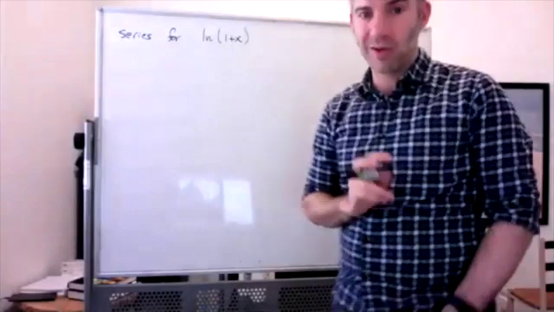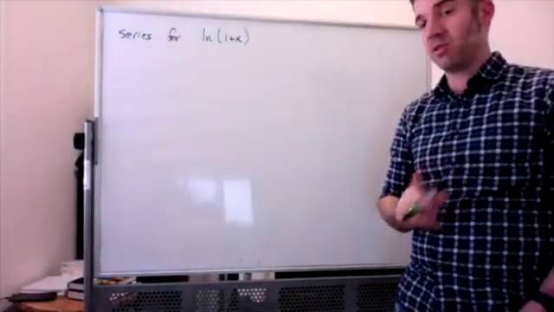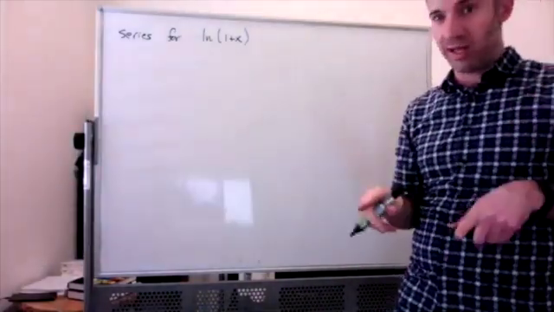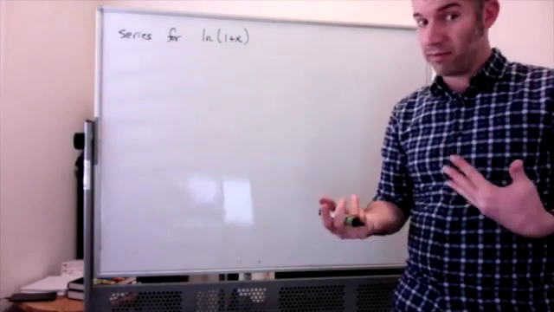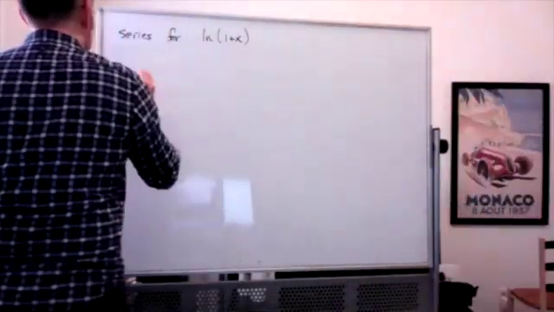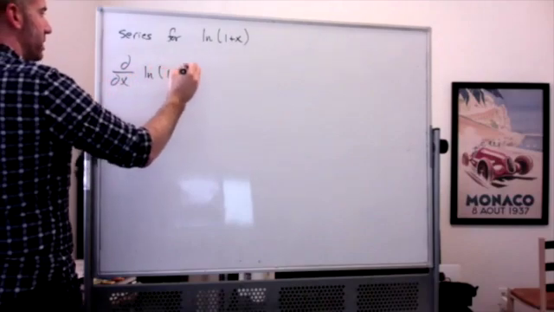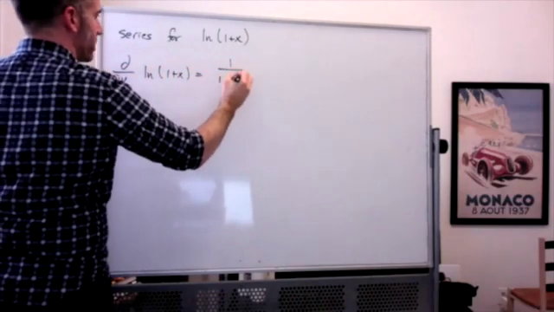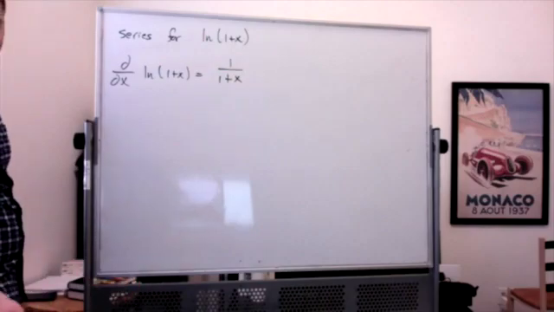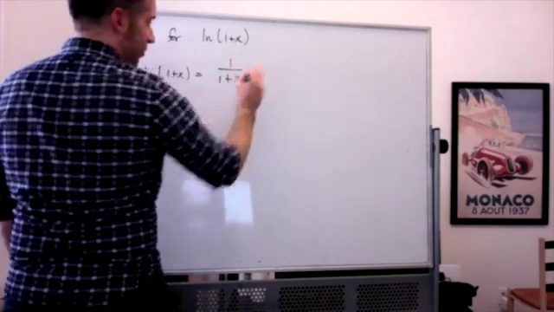Well, that does not look like 1 over 1 plus x, or 1 over 1 minus x, but you know what does look like that? The derivative. So I know that the derivative of the natural log of 1 plus x is 1 over 1 plus x. And I know that 1 over 1 plus x, we did before, right?